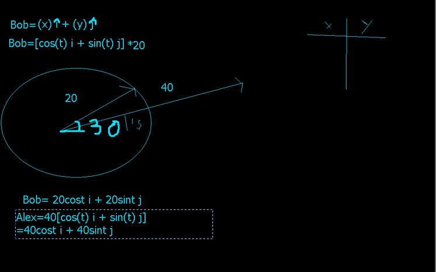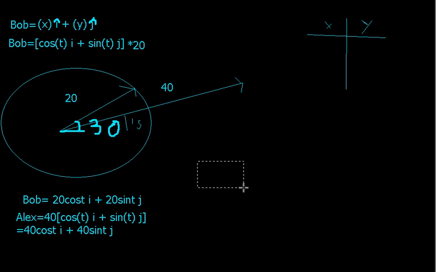Well, now it's actually convenient if, say, we wanted to add Bob and Alex, because for Bob plus Alex, we have these two bits right here. Let me draw little boxes around them.